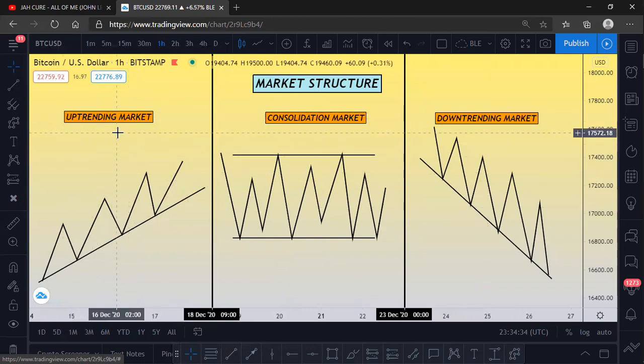And let's talk about uptrending market first. If you come to your chart and you see that the market is uptrending, now as a trader, I want to make this as simple as possible. I don't want to go too advanced, because some things are already coming to my head that I want to say. Let's just take it one step at a time for today.